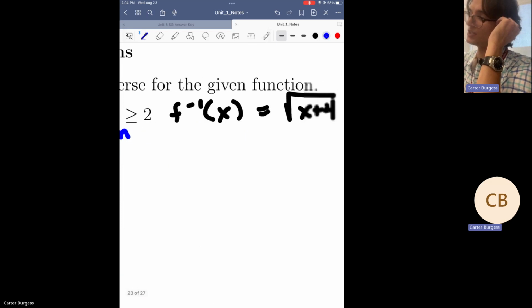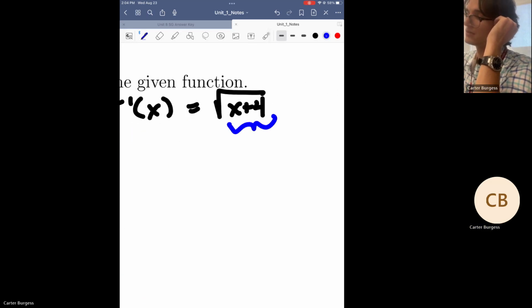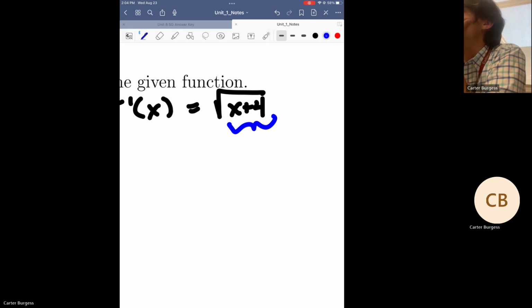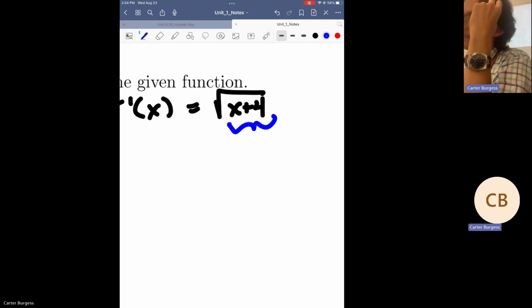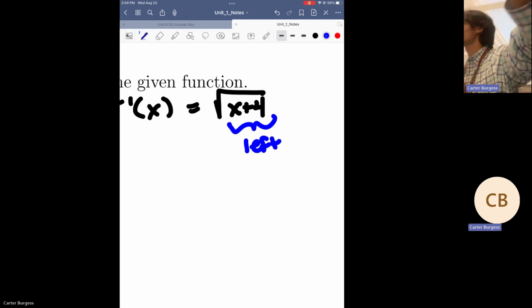What has that turned into? Left 4. This has gone from a negative vertical shift to a negative horizontal shift of the same magnitude.